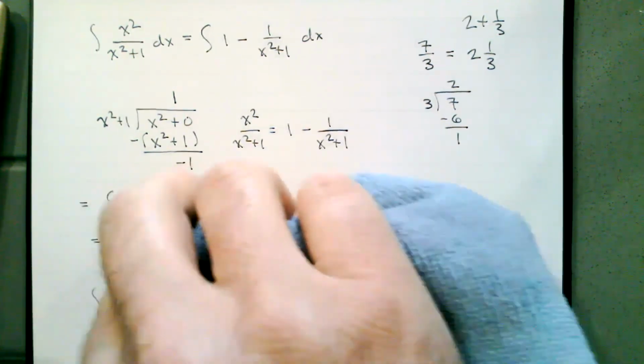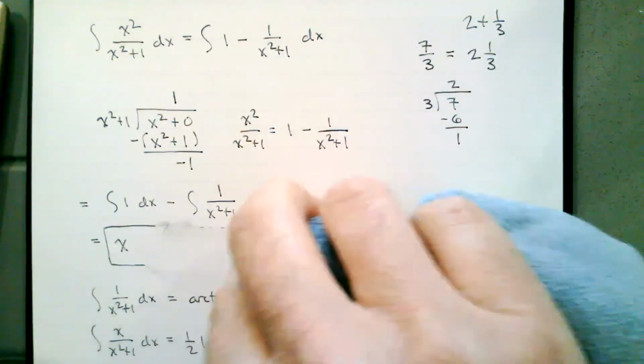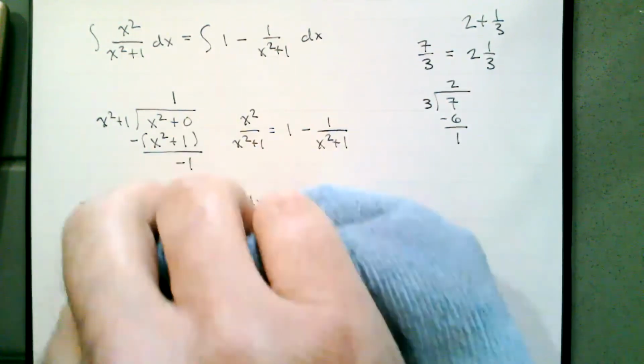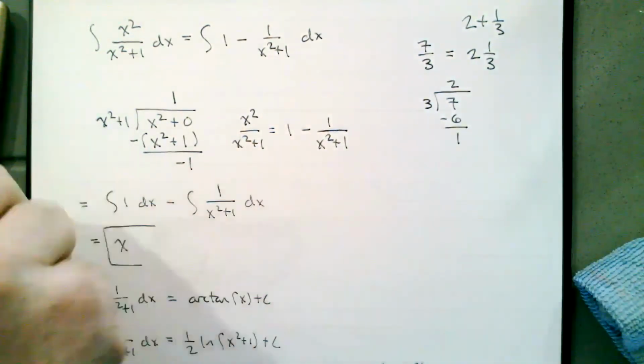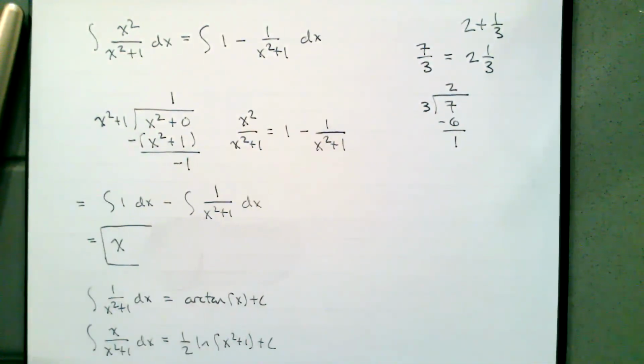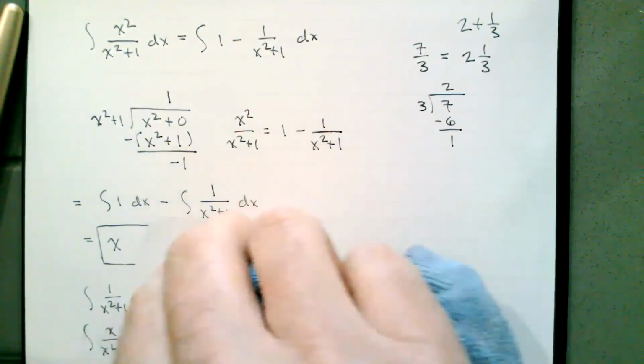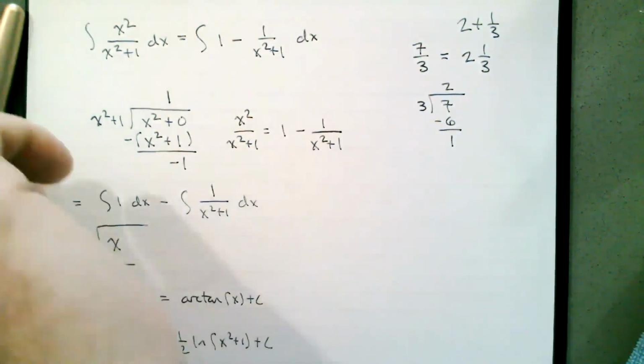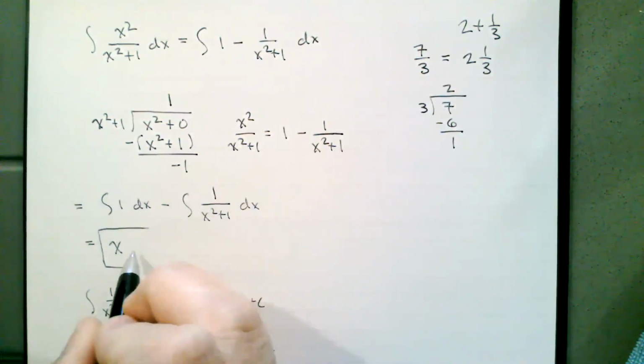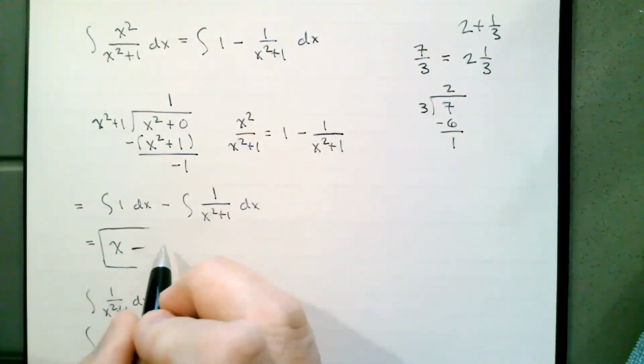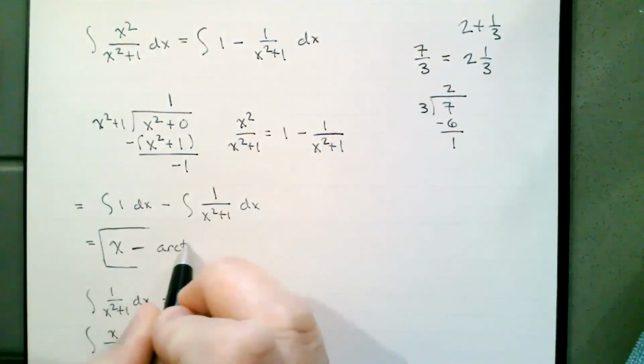I put the natural log one instead of the tangent one. The integral of 1 over x squared plus 1 is arctangent.